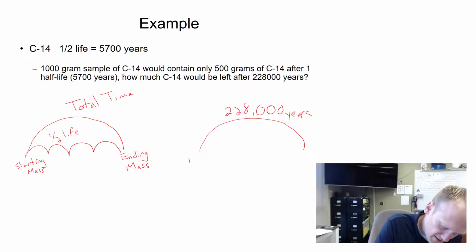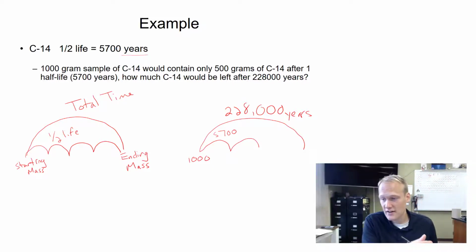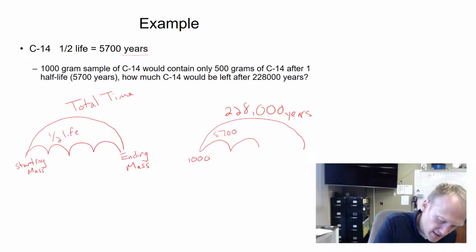The starting mass is 1,000, and then we have to figure out how many times we can go through a half-life. The first half-life would be 5,700 years. If you add another 5,700 years, you'd get 11,400.